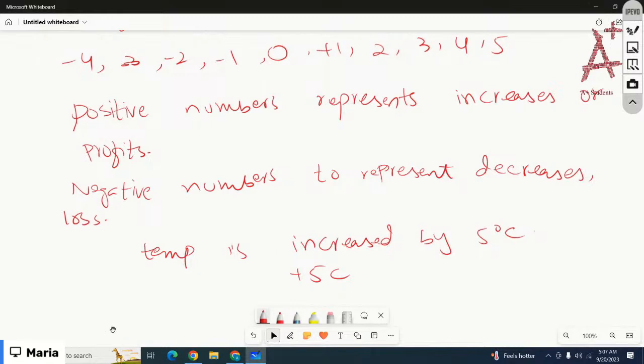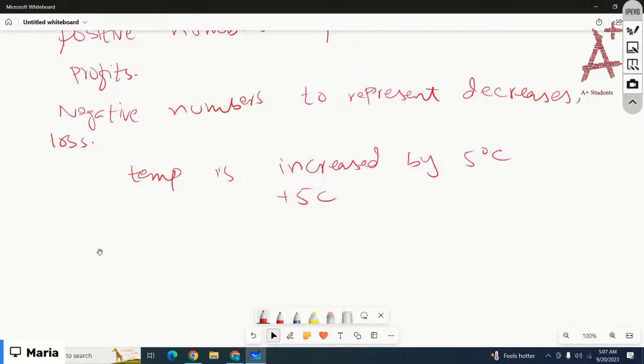Then you have a reduction of two plates. Reduction means reduced, so that would be represented by a negative number, right?